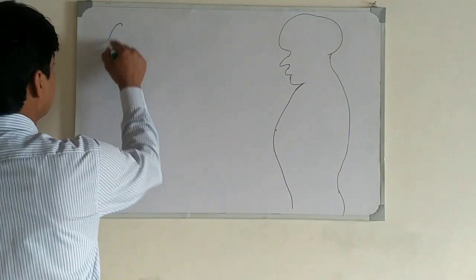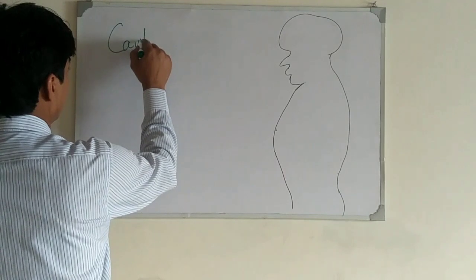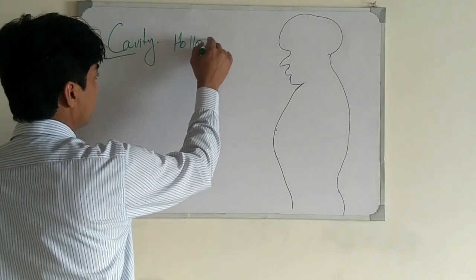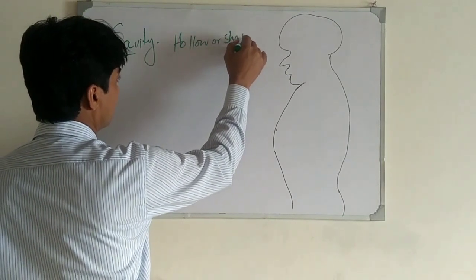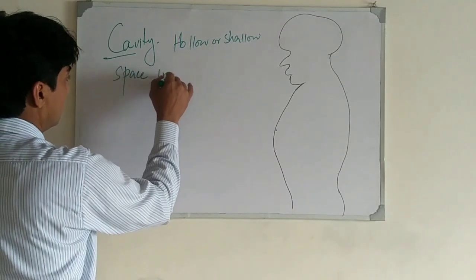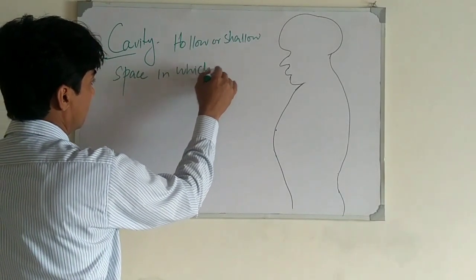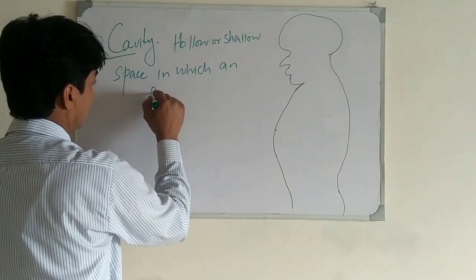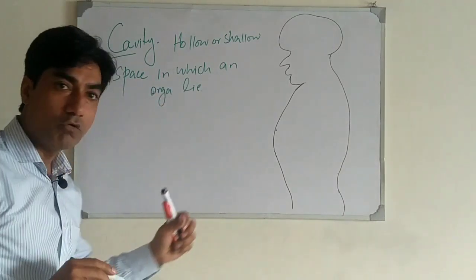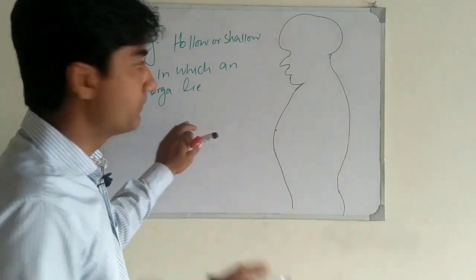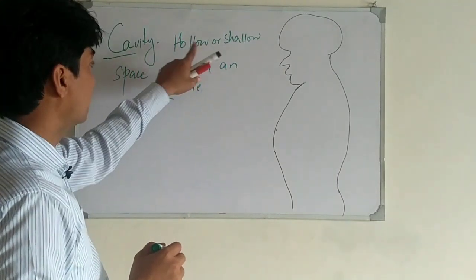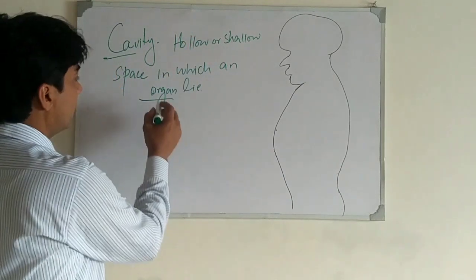So what is a cavity? The hollow or shallow space in which an organ lies. The organs that lie within that space are also called the viscera.